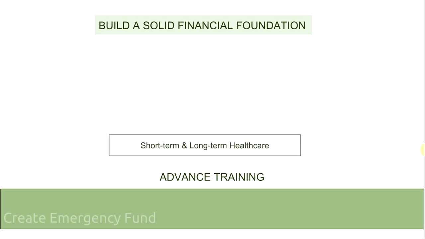Very important, meron tayong short-term and long-term healthcare. Kasi, again, major sources of emergency sickness or death. So, yung emergency fund would just buffer, would just catch, let's say for example, yung down payment. Pero most of the time, yung hospital bill, malaki yun. That's why we need to have short-term and long-term healthcare.